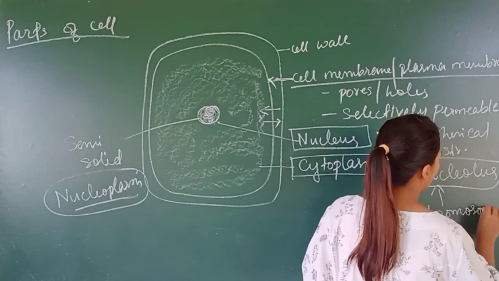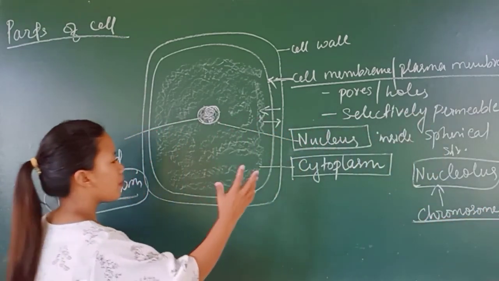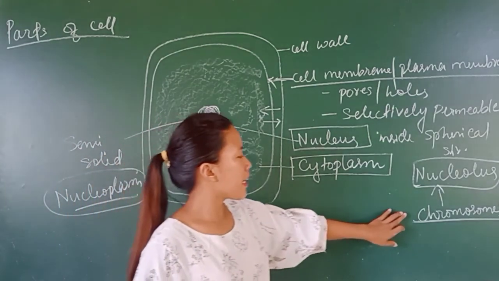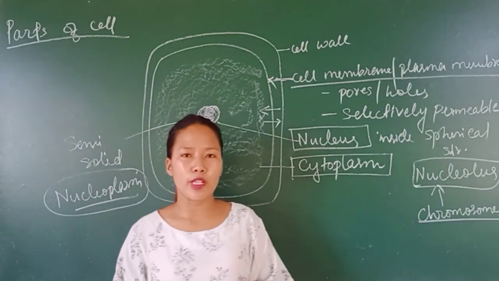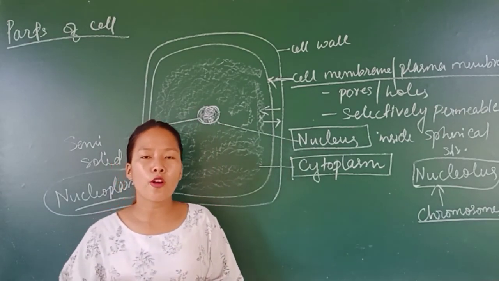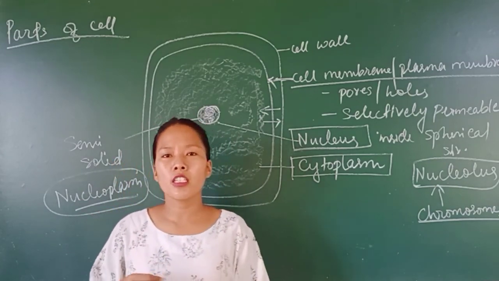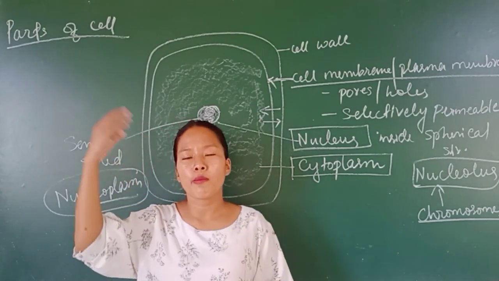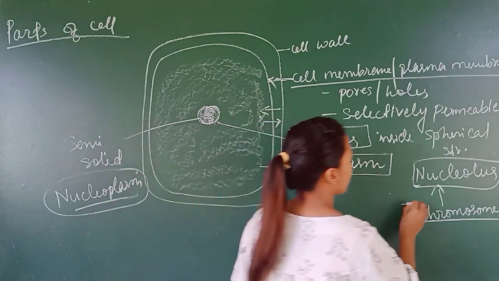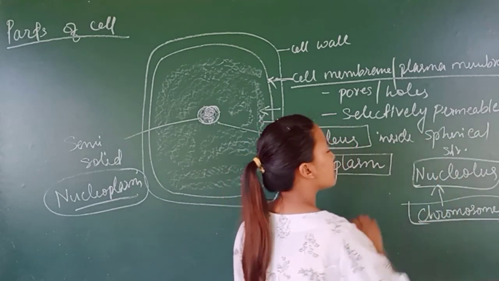These chromosomes are very important for all living organisms because they carry genetic information from the parent cell to the daughter cell. All of us have different genes, and we carry these genes from our parents. So these chromosomes are present inside the nucleolus.